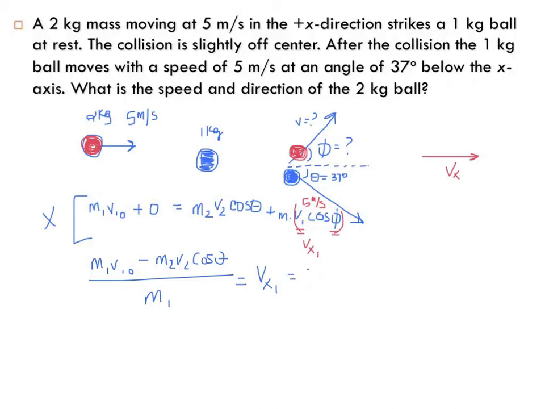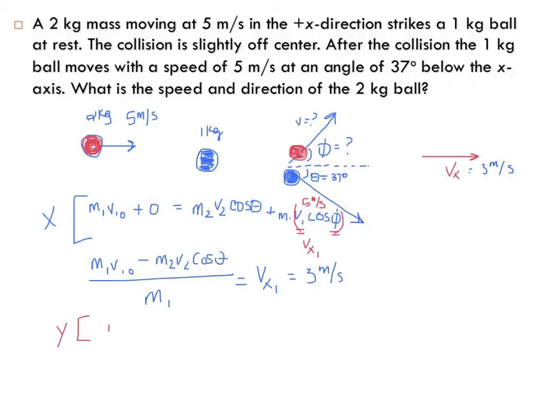Putting all your numbers in, you should get 3 meters per second. Again, this is my 3 meters per second for my first object, and it's in the x direction. Now we can do the same thing for the y direction. Actually, I have no momentum in the beginning in the y direction. All of my momentum is in the x direction.